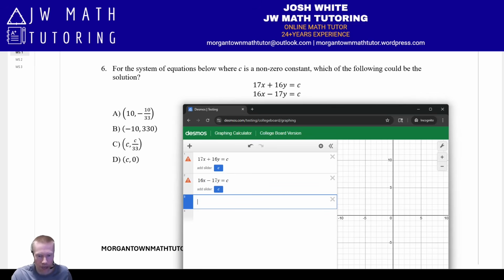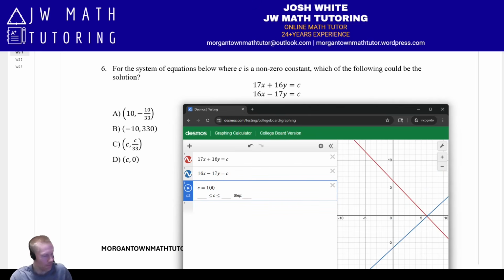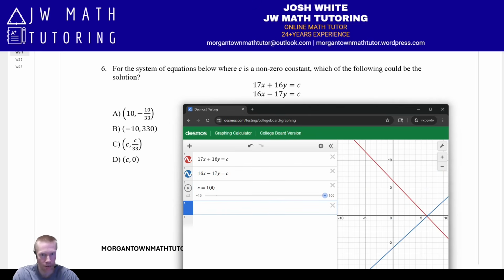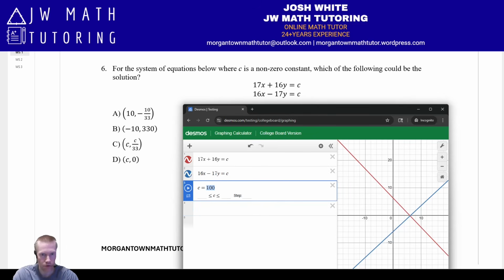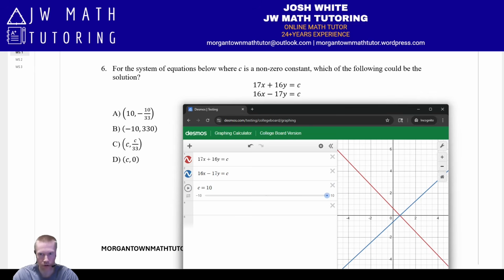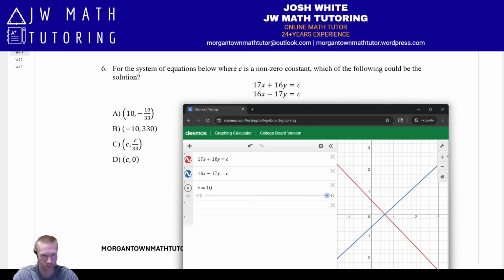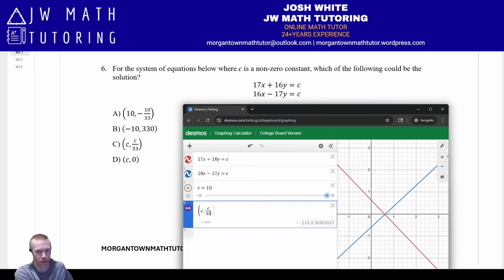All right, I am going to add a slider for C. The value itself doesn't matter initially. Now what I'm going to do is see, based on this value of C I pick, which of these answer choices is possible? So for example, let me just start off with 10. Say let C equal 10. So if I let C equal 10, the solution for C would be the point 10 comma, actually I'll just type it this way, 10 comma 0.33.